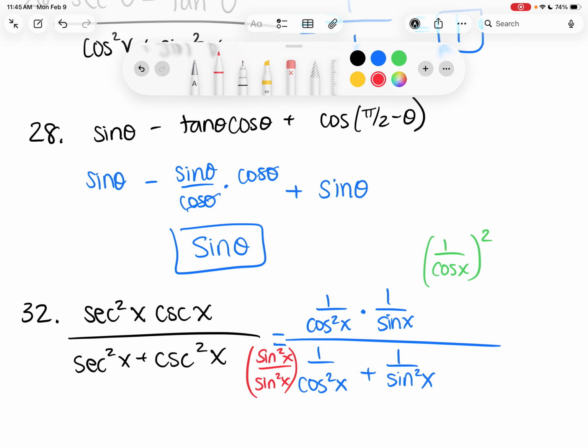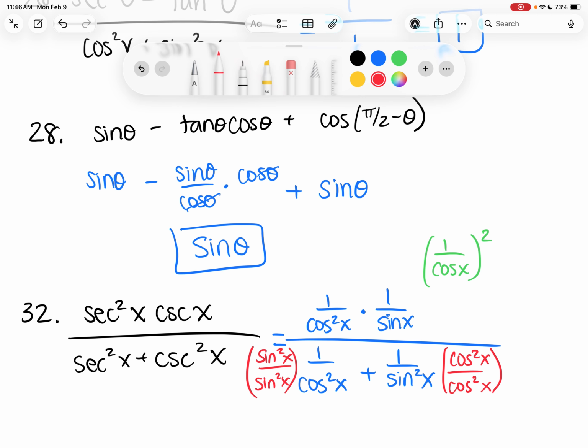And then the 1 over sine squared, to have a common denominator, needs to be multiplied by cosine squared over cosine squared. I wrote the right thing but verbalized the wrong thing.